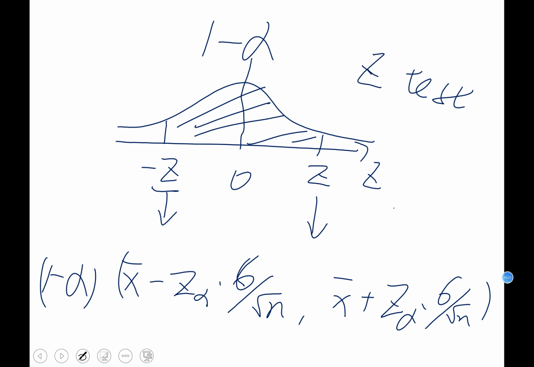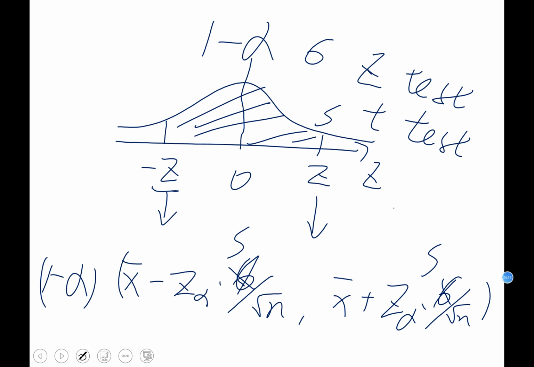And how about the t-test confidence interval? It's based on the t distribution, and we said that the z distribution is used when sigma is given, but in the t-test sigma is not given. We use s to replace sigma. So here we just replace all the sigma with s.